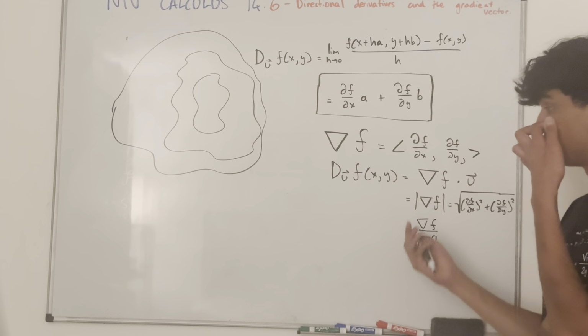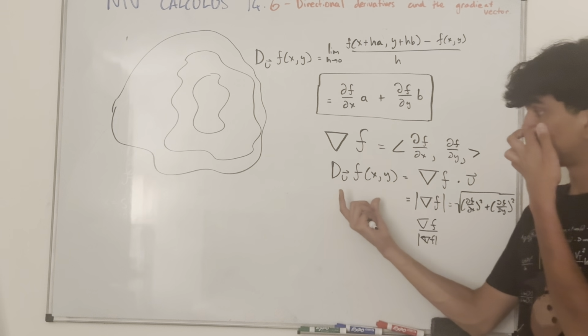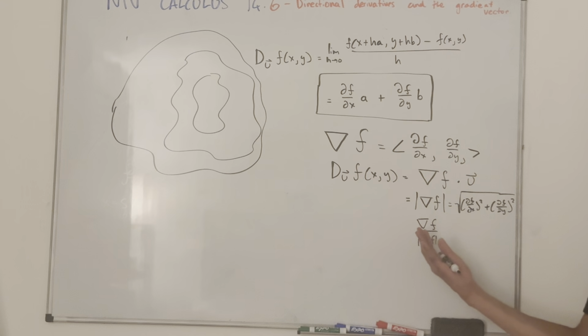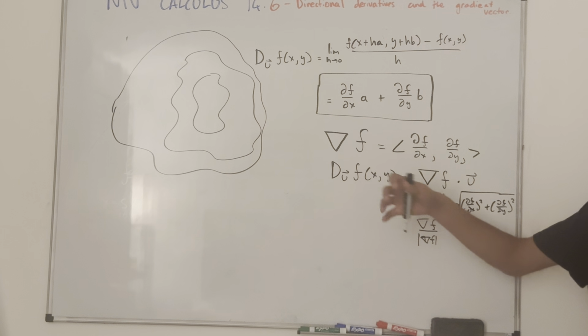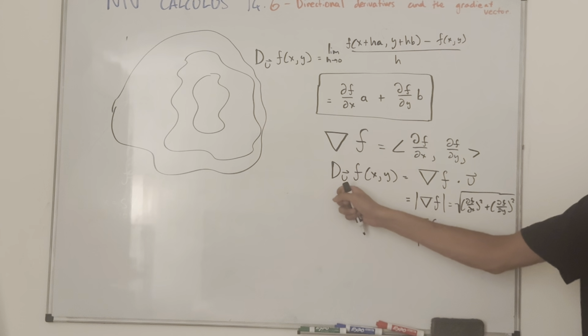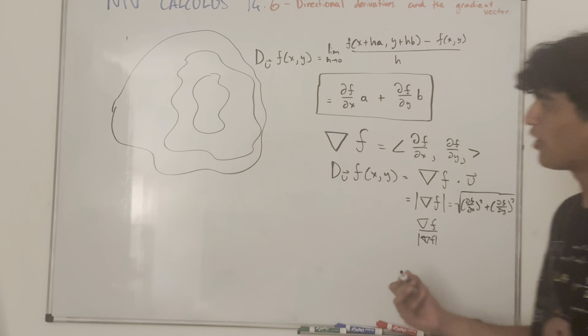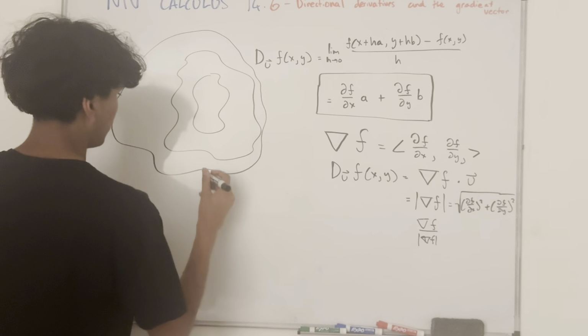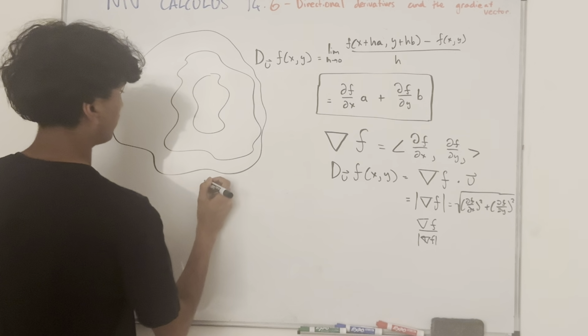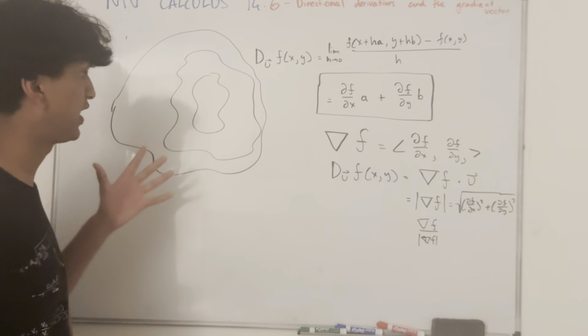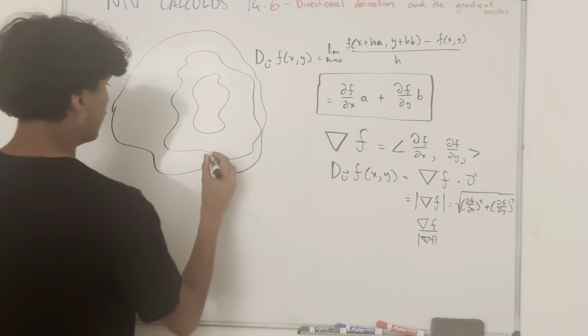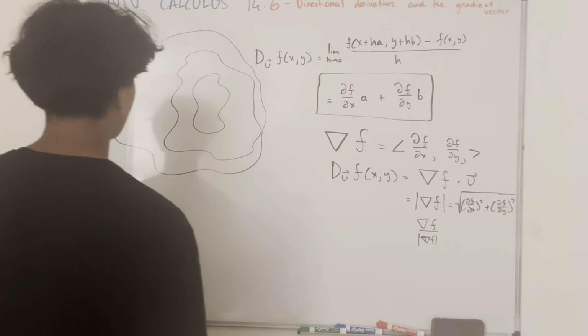Anyway, we showed that the directional derivative of f of x and y would be the largest when the direction is the same as the gradient direction. So what that tells us is that the gradient vector, remember, this is really an xy plane because this is an xy vector, would give us the direction of quickest ascent.